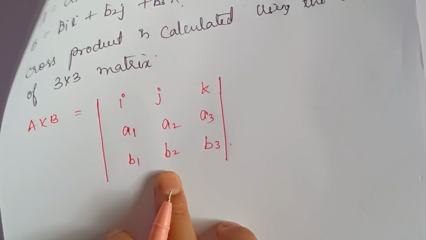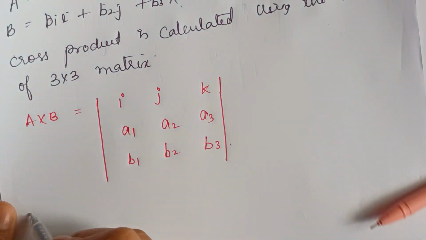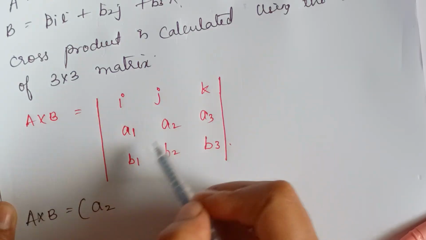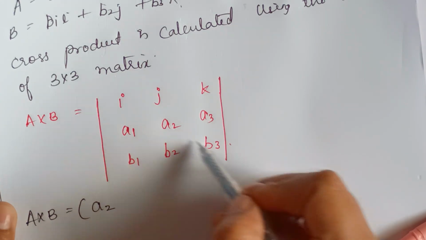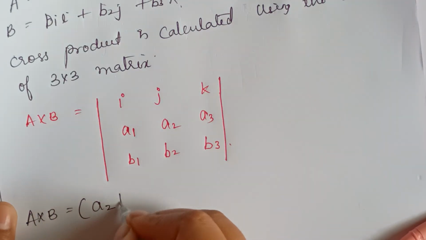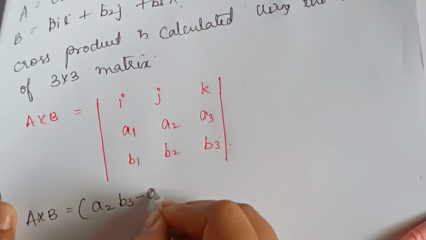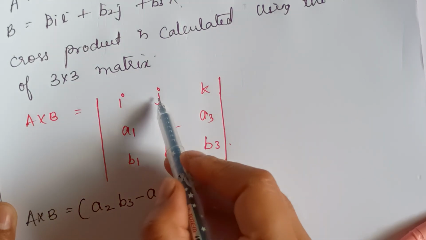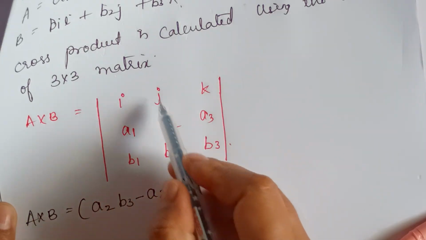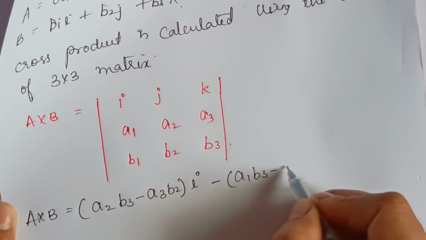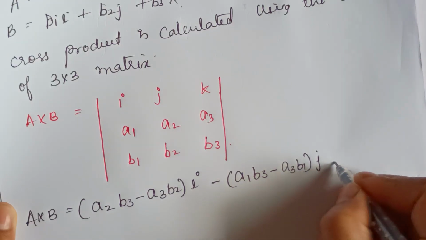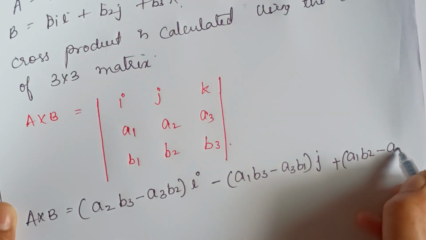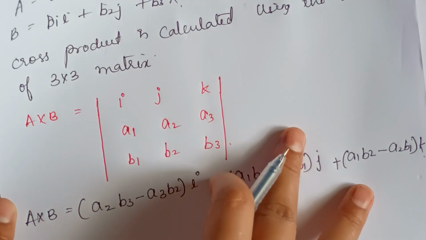So when you expand this determinant, you get A cross B equals, leaving this row and column, product of this two minus product of this two, A2 B3 minus A3 B2, i, minus now j, leave that column, leave that row, A1 B3 minus A3 B1, j, plus A1 B2 minus A2 B1, k, right?